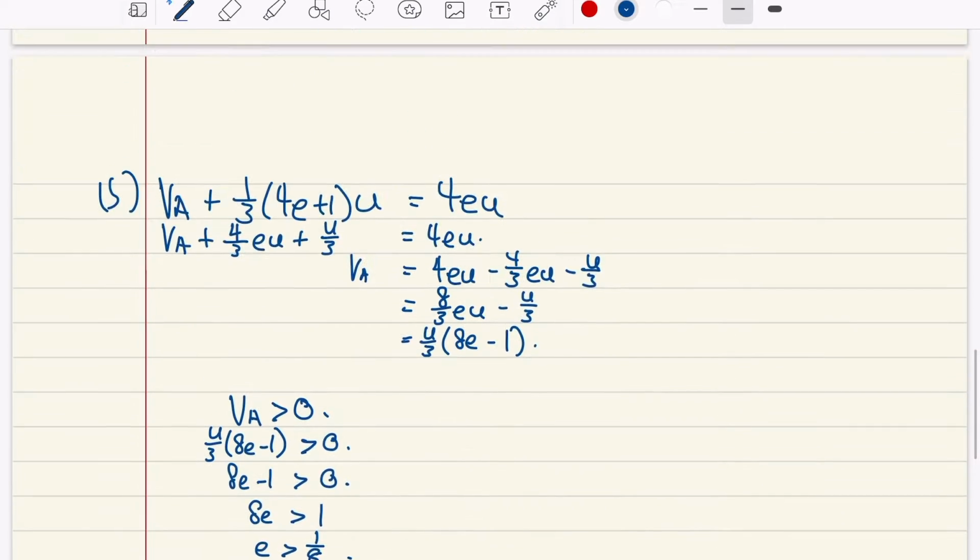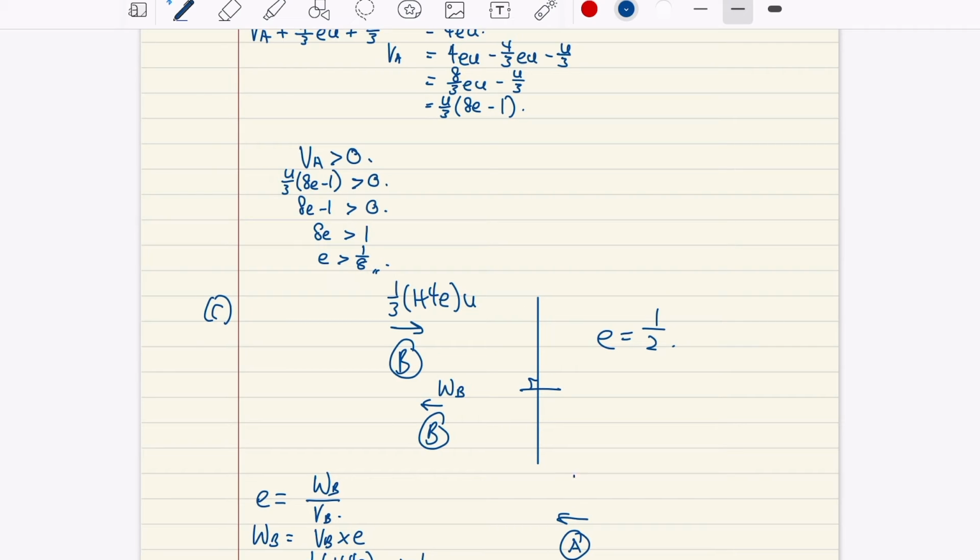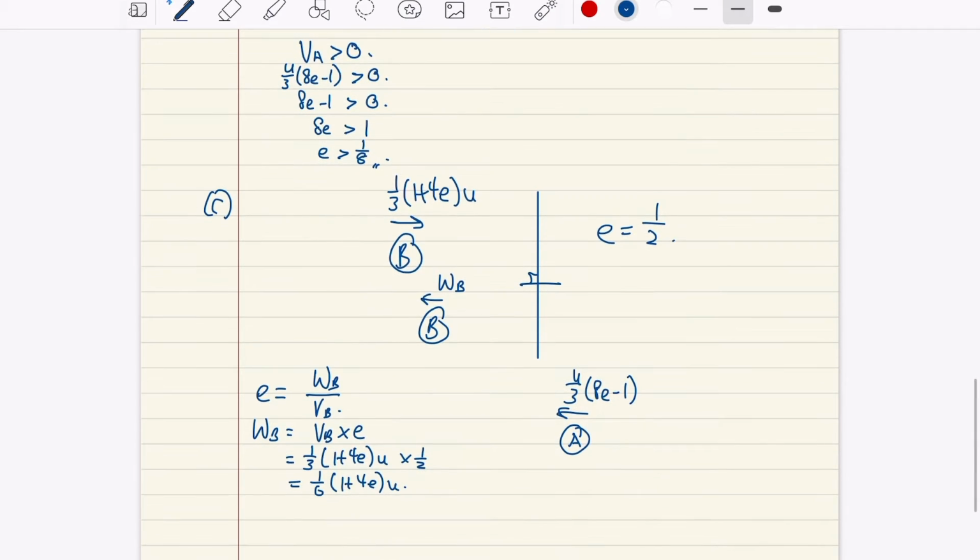Since we know that A will be moving to the left with the velocity of u over 3 (8e minus 1), and B, after it rebounds, will move with the velocity of WB.